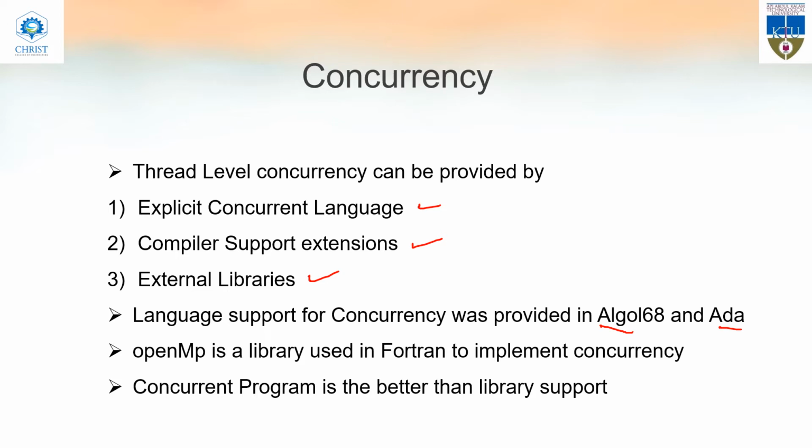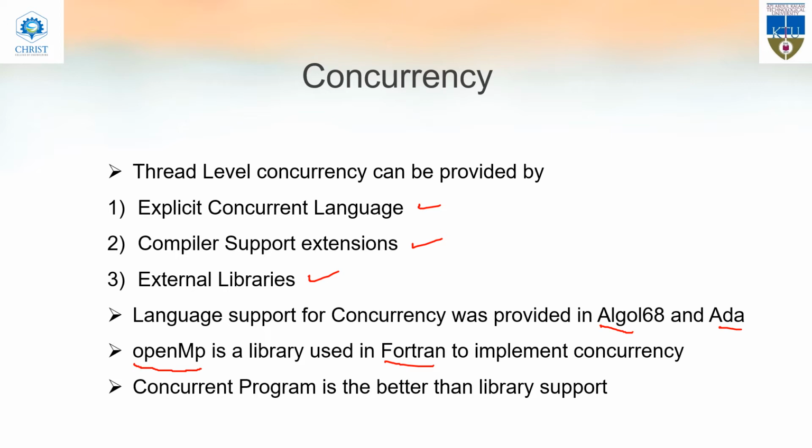OpenMP is an example of an external library which can be used to impart concurrency in both Fortran and C.